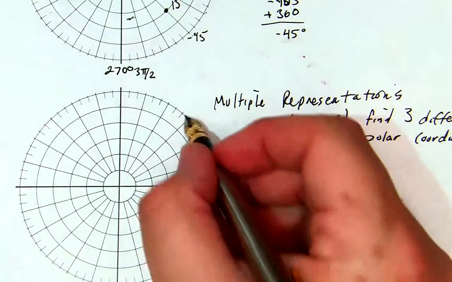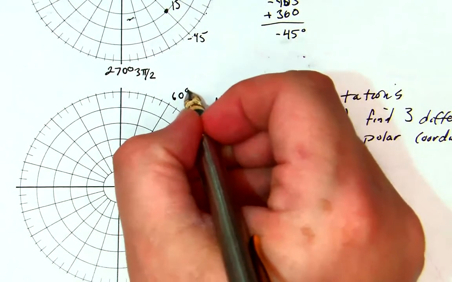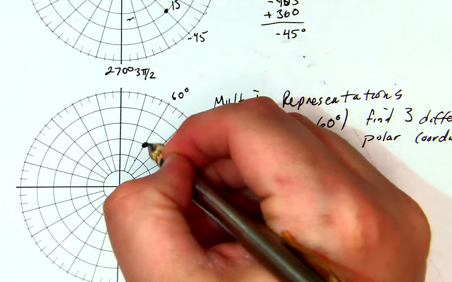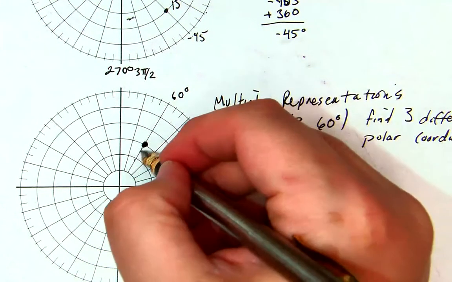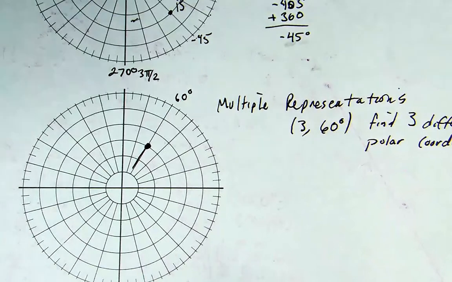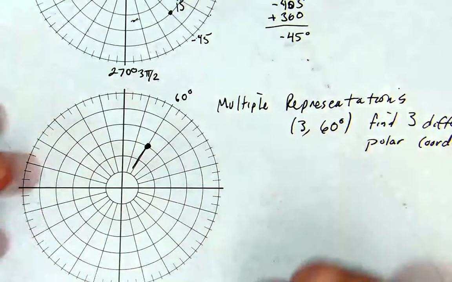That's 15, 30, 45, there's 60 degrees. And I know I'm at 3, so I'm at 1, 2, 3. There's my angle. Let's go with red.